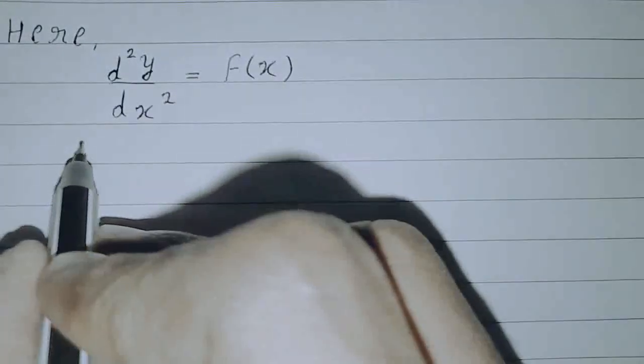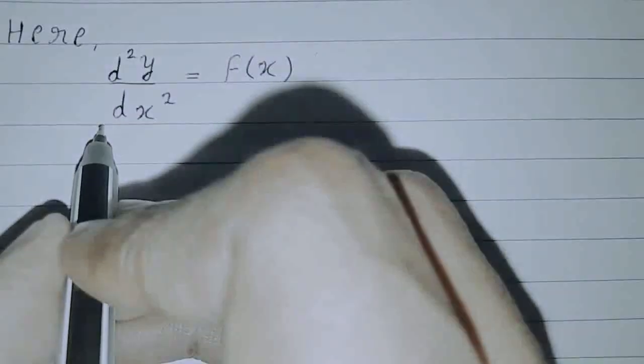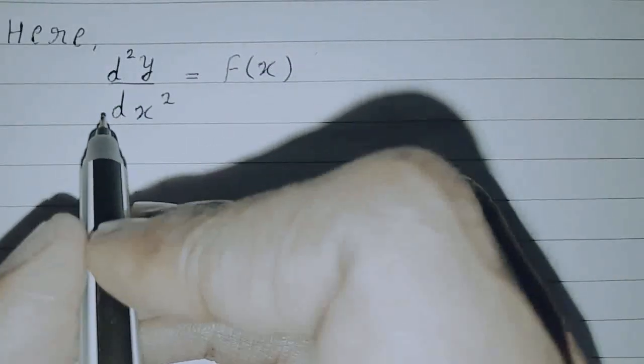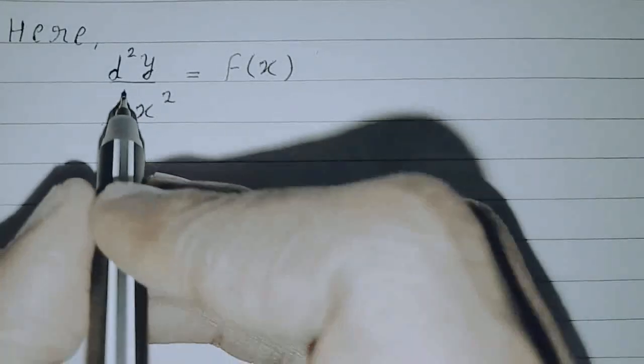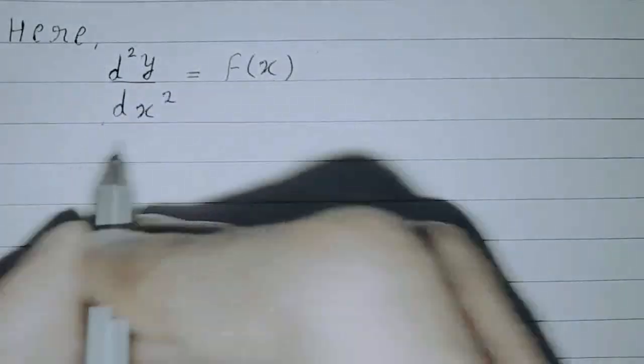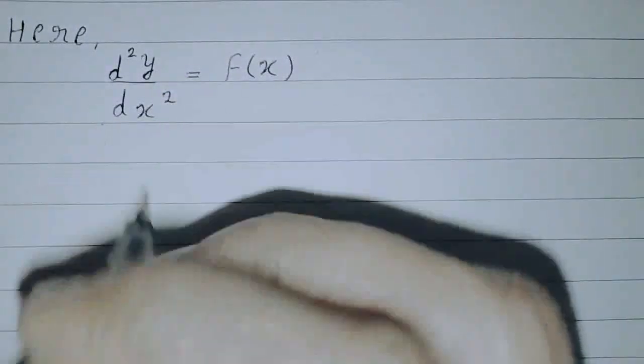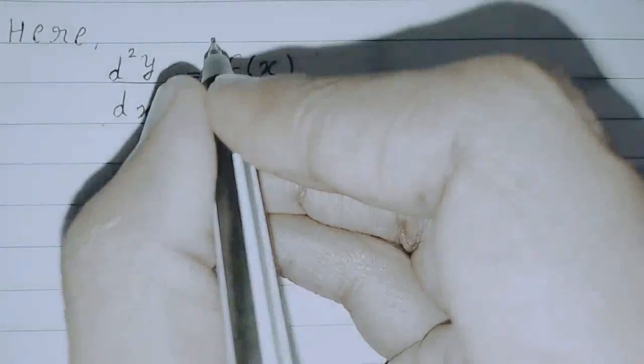So here we are given this ordinary differential equation, and for this ordinary differential equation we need to find its Green's function. So for that purpose, first of all we consider its corresponding homogeneous ordinary differential equation, which is easily obtained only by putting the right hand side equal to 0.